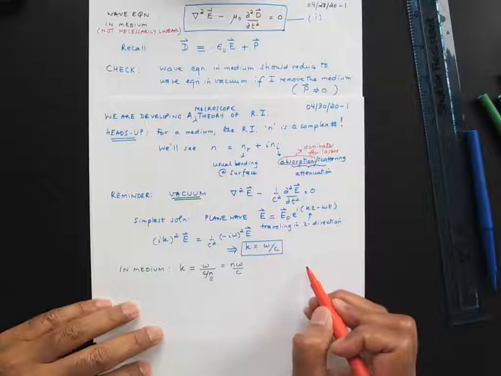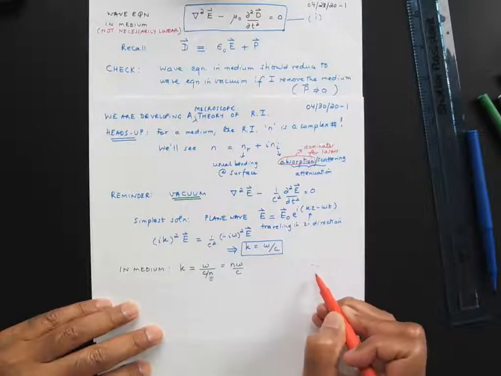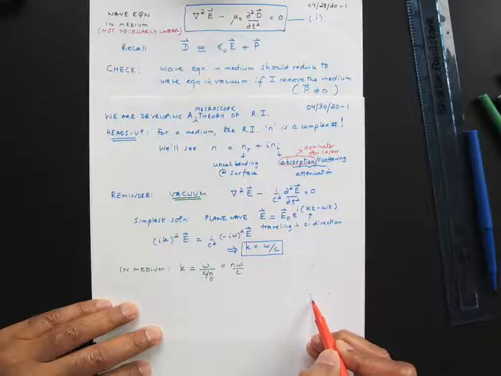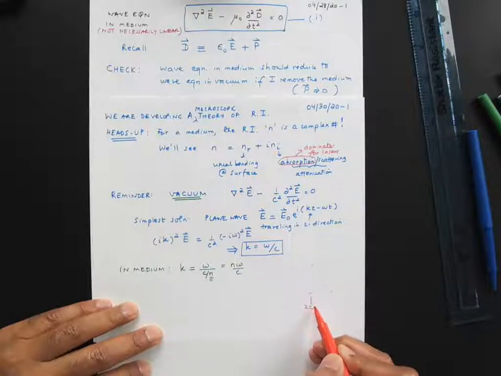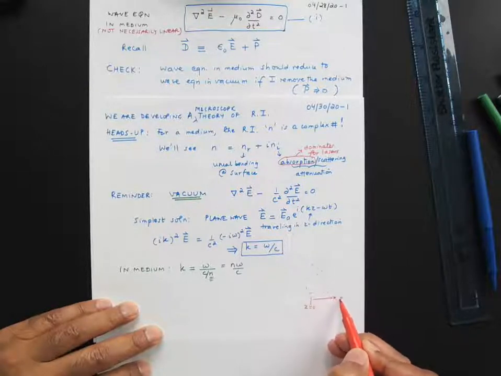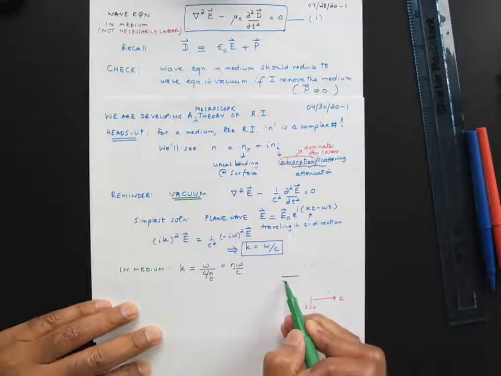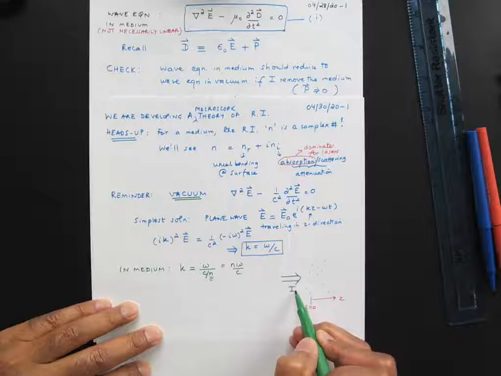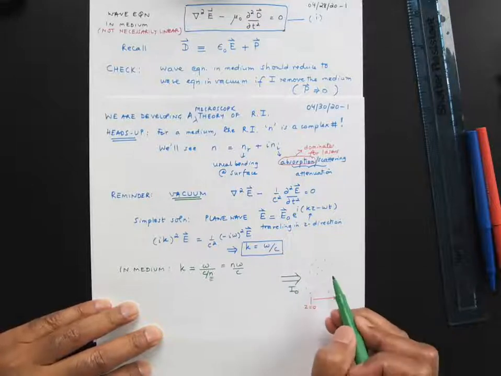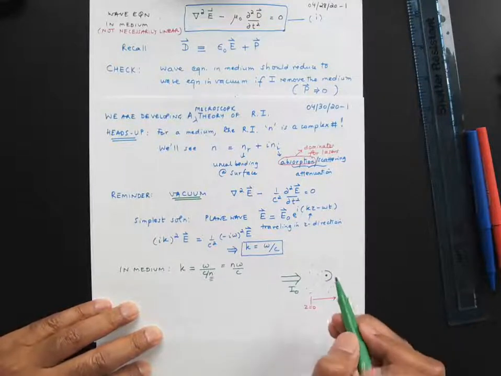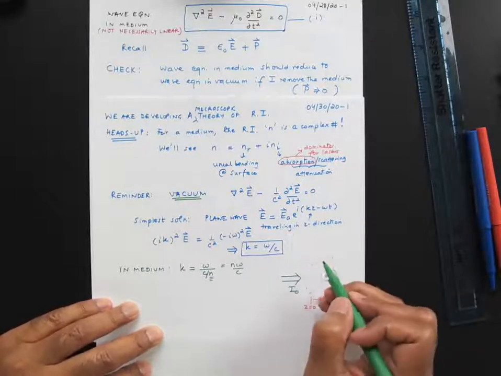Beer's law was that there's some medium, and let's say z starts from here, z equals 0, and then z goes in that direction. And let's say you have a wave coming in, and it's I naught at z, and then what's the intensity at this point at some detector?